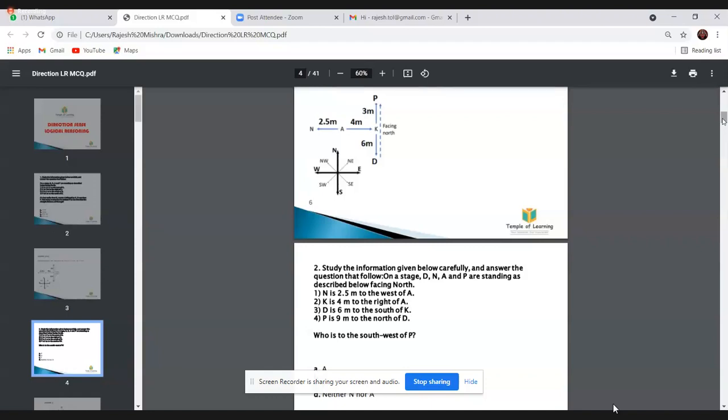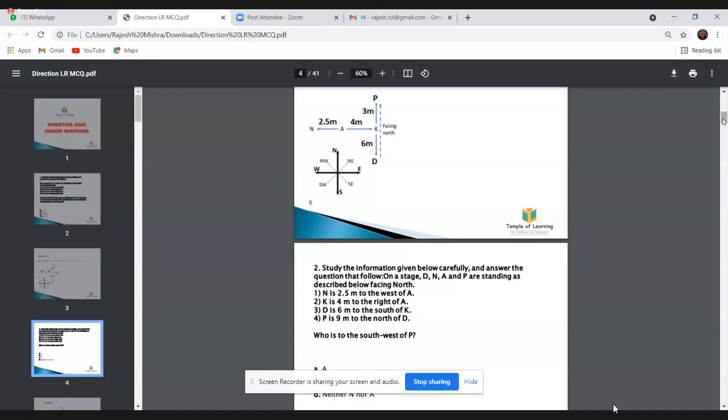Now, students, according to me, there are two points which are southwest of P. See, south is D, and so west from K is A and N. West is K, from K is A and N. Now, the question is, who is southwest of P? Now, I got 2 options here very clearly, N and A both.